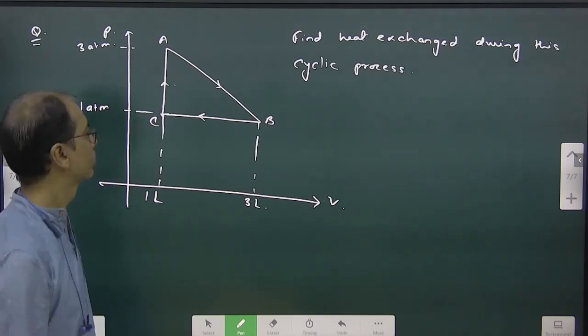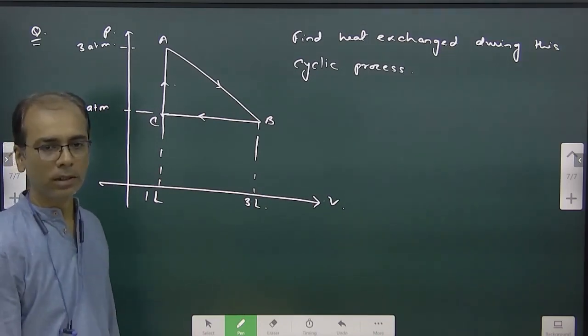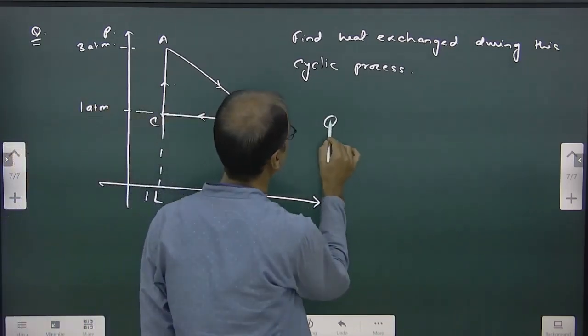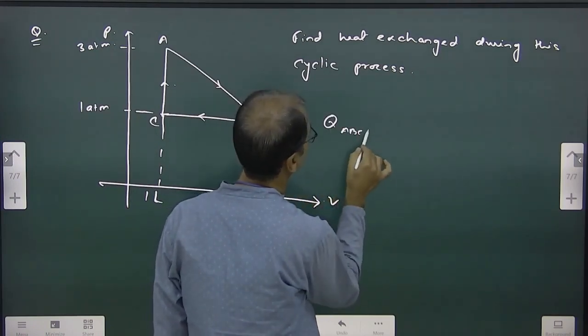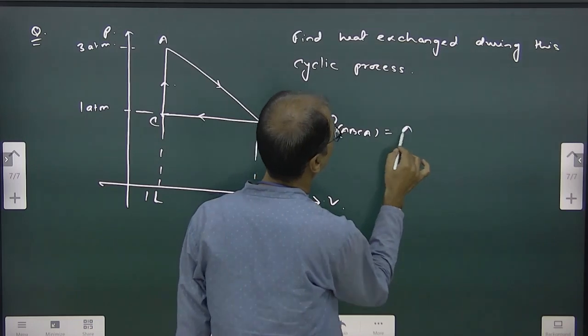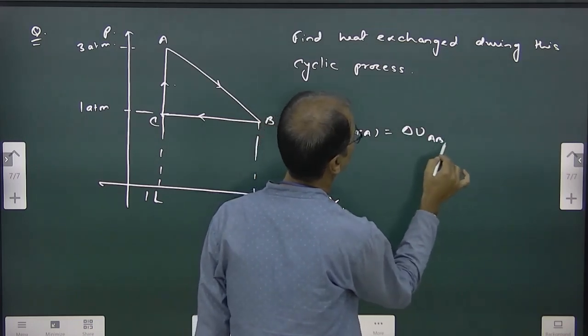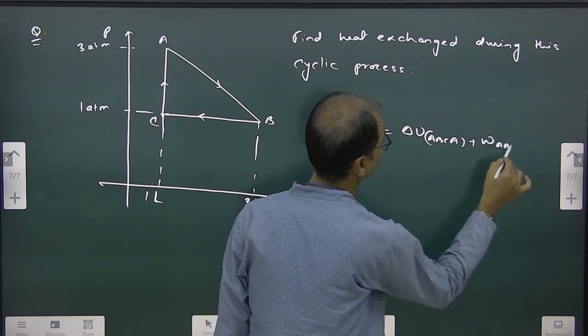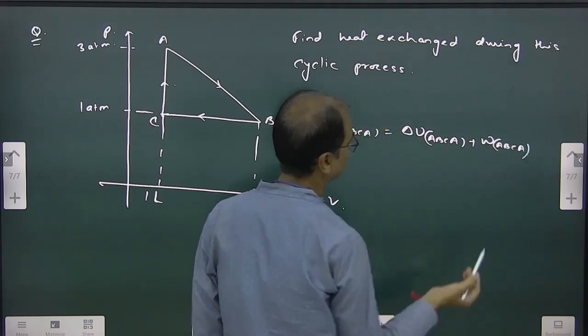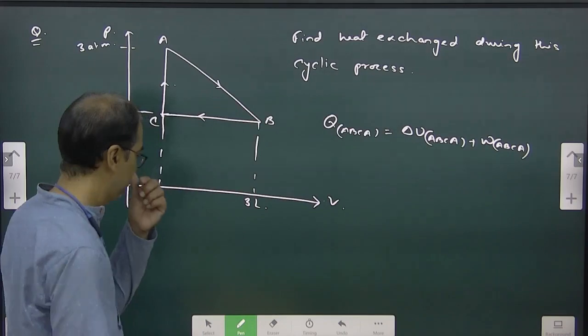Okay, fine. What is heat exchange during the cyclic process? What is that? Q ABCA is equal to delta U ABCA plus work done ABCA. That's what the first law of thermodynamics is, right?